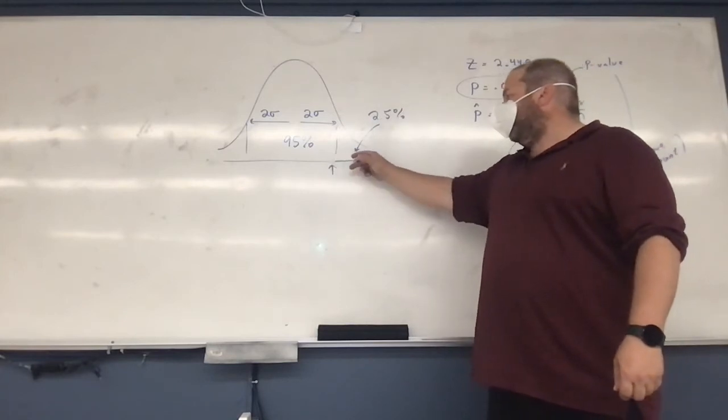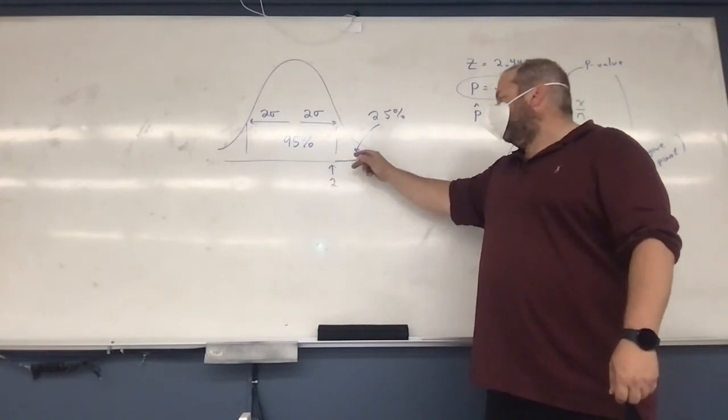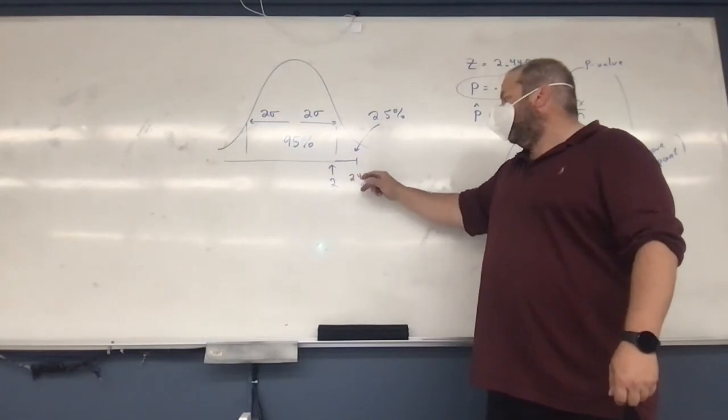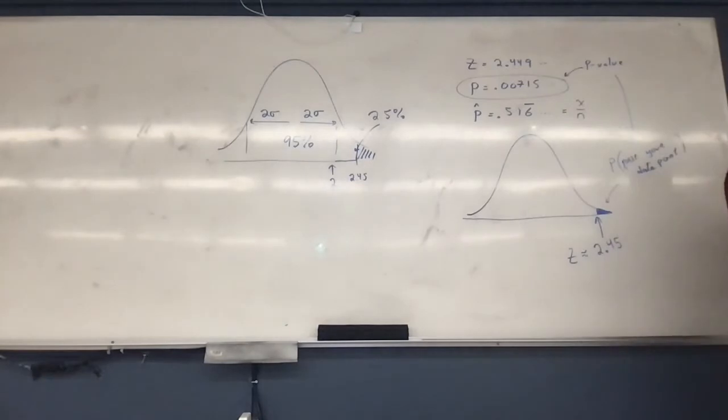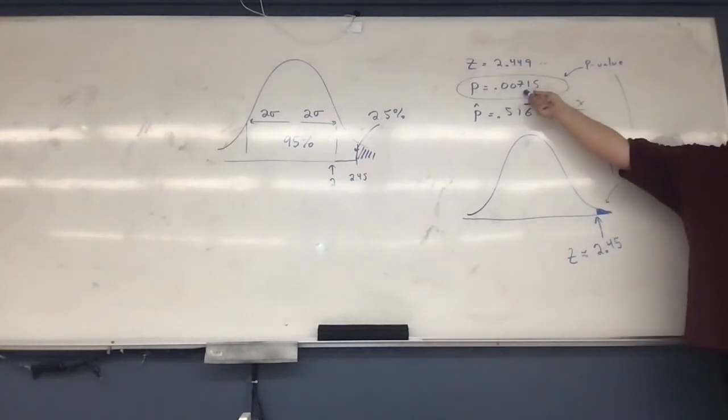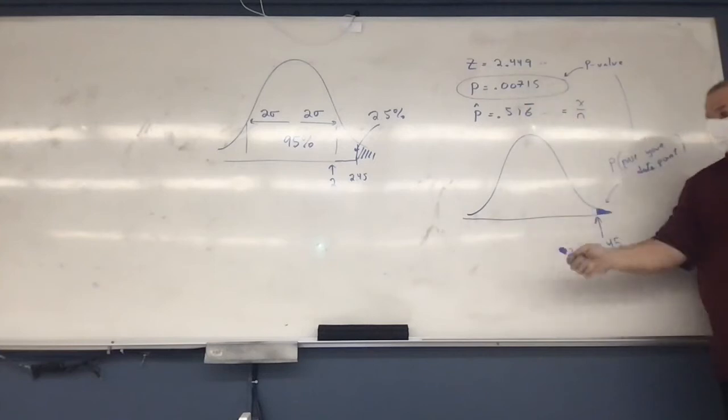If I go all the way out past 2, to 2.45, then it's going to be something less than 2.5%, certainly less than 5%. In fact, it's 0.715%. This is the probability of getting past what you got.